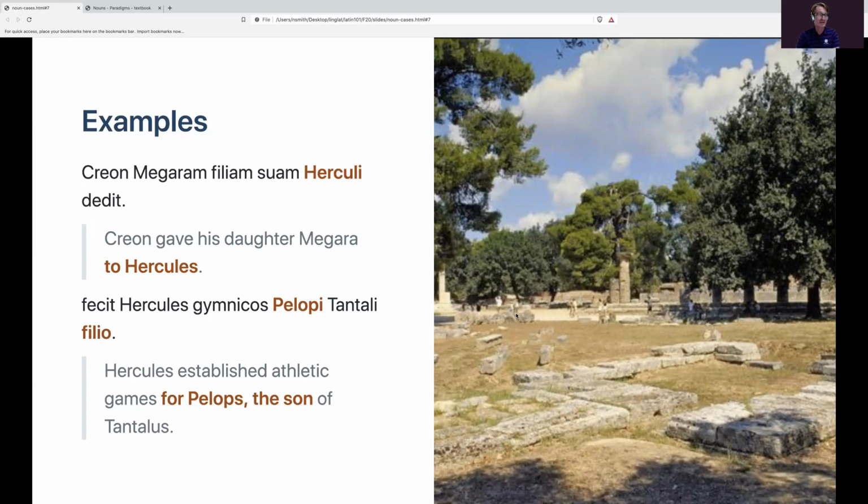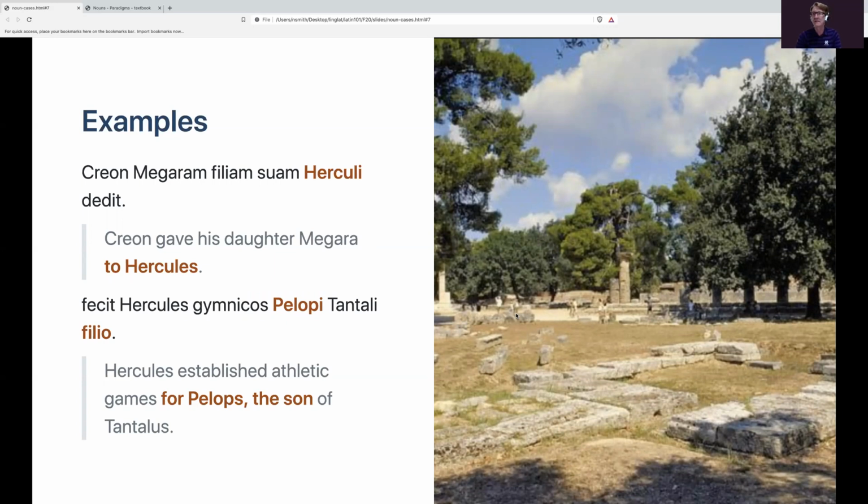Hercules, in the nominative case in the next sentence, is the subject. Fecit Hercules gymnicos, a word meaning athletic games. Hercules established athletic games. Pelops, Pelopis is the genitive, is a third declension noun. Pelopi is the dative. So Hercules established games for Pelops.